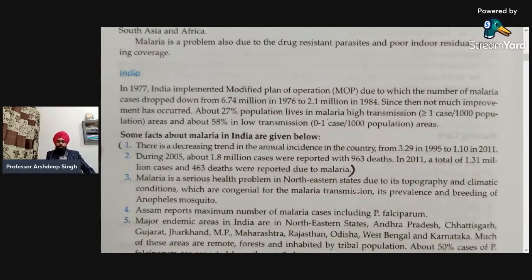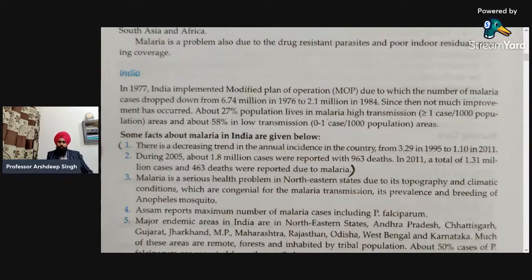As per this data, there were 6.74 million cases in 1976 that dropped to 2.1 million. So this shows that this policy was working, as the cases decreased from 6.74 million to 2.1 million. That is the data according to the Indian government or the Indian settings.